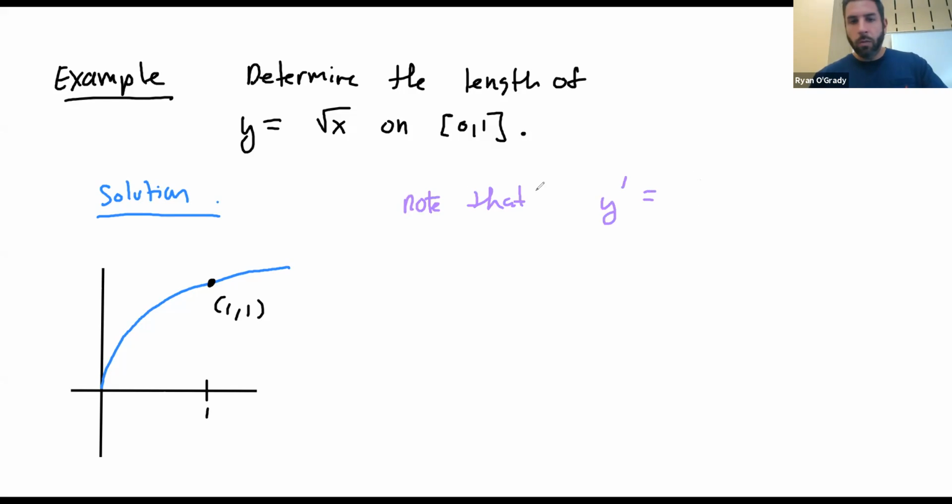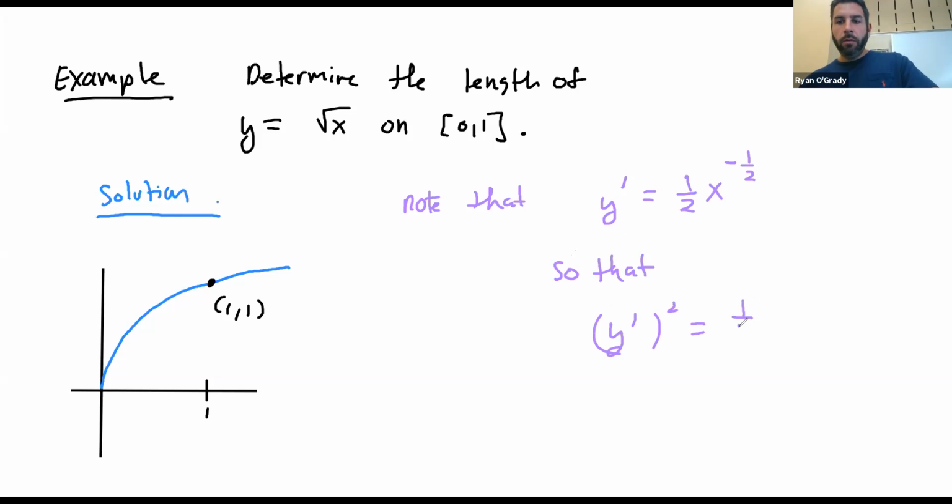The derivative of x to the 1/2 is 1/2 x to the negative 1/2. So that y prime quantity squared is 1/4 x to the negative 1. Or if you'd like, you can write this as 1/4x.